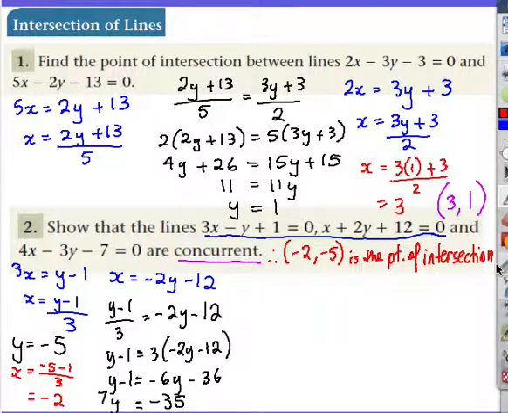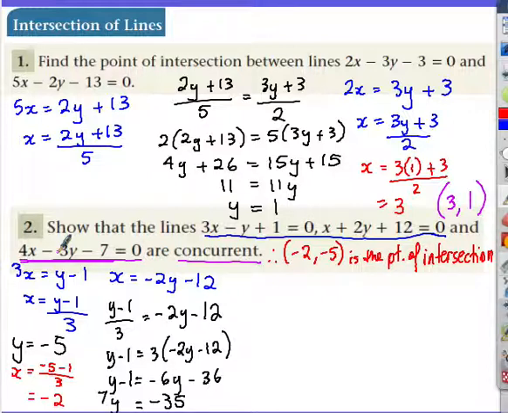And remember when I was explaining it over here what we had to do? We have to sub in that point of intersection into the third line. That means we need to sub it in to this one here. So if our point of intersection lies on that line, then we can say that line also goes through the point of intersection.